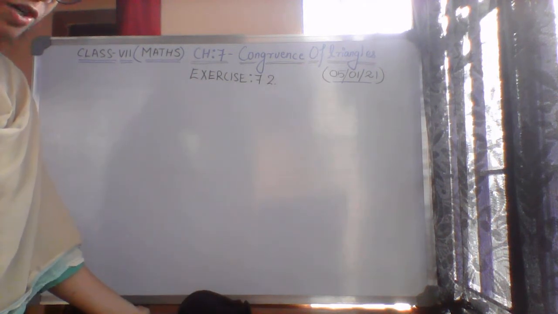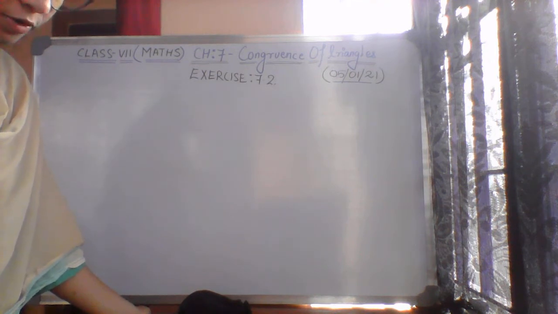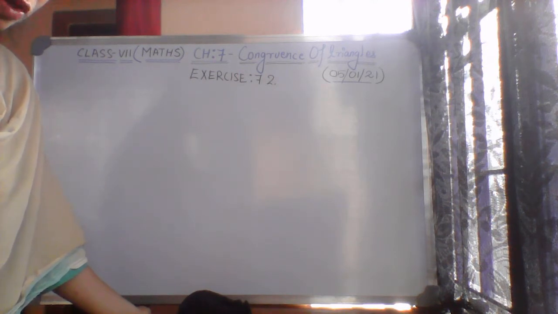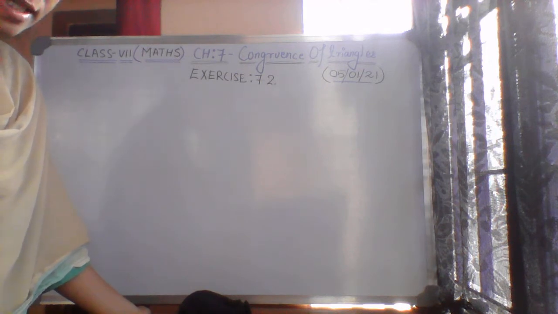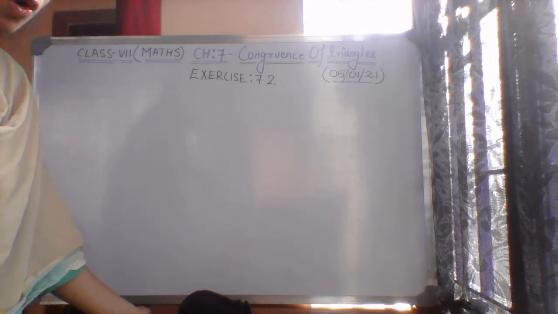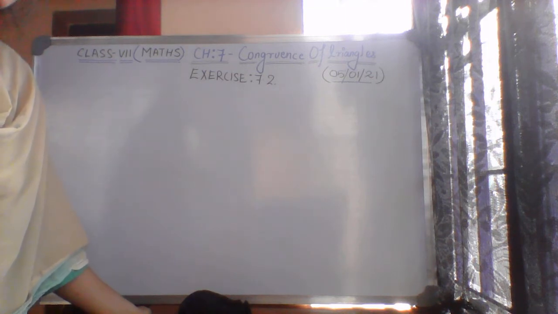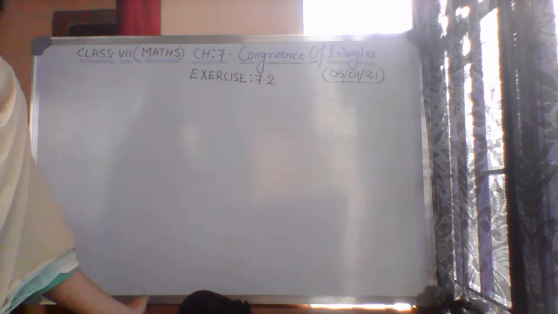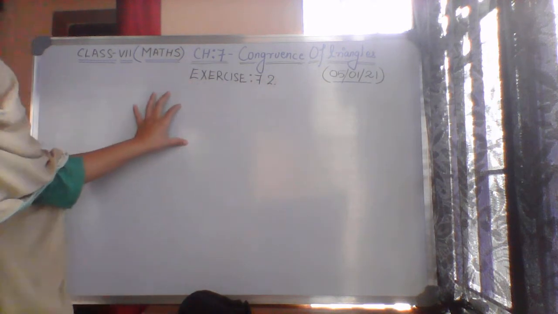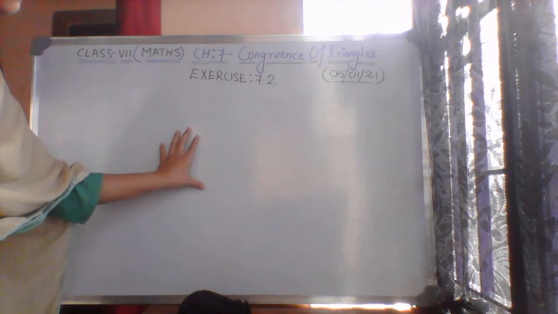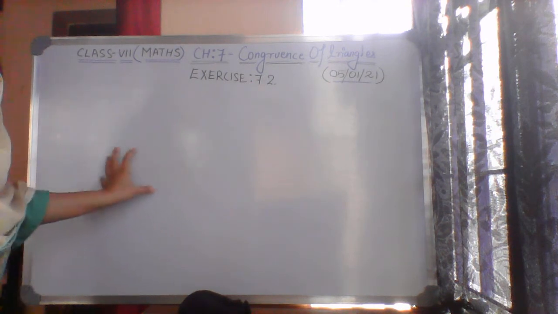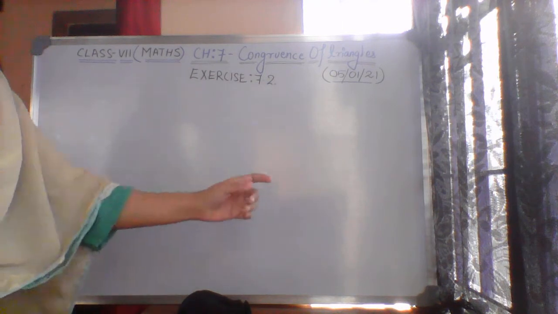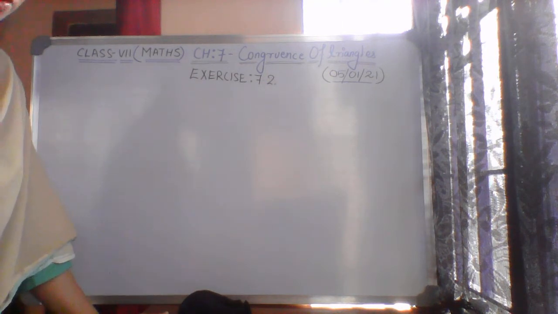Now question number 3, you try at home. It is said you have to show that triangle AMP is congruent to triangle AMQ. They have already written the steps. PM equals QM. You only have to give the reason why PM equals QM.